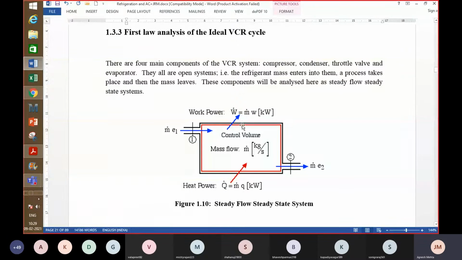And if there is work interaction, even that rate is remaining same. If there is heat interaction with the surroundings, that rate is also not changing with time. At any point, if you measure any parameter, whether pressure or temperature or anything, with space it may be different. It may be different at different points, but it will not change with time.